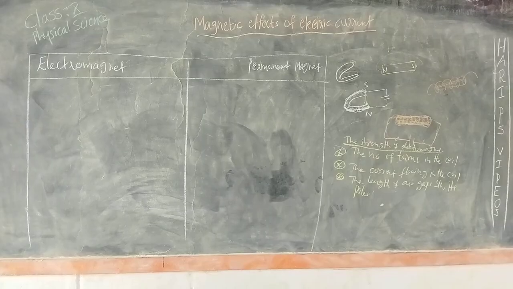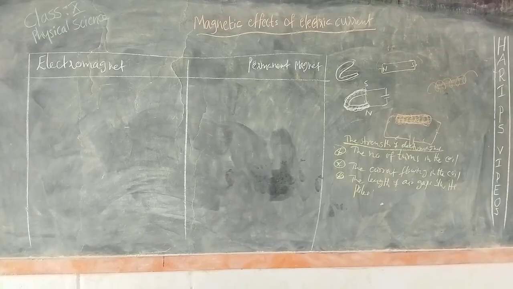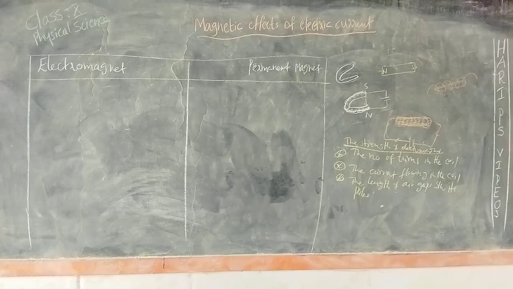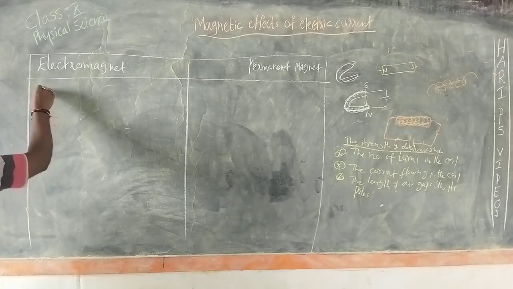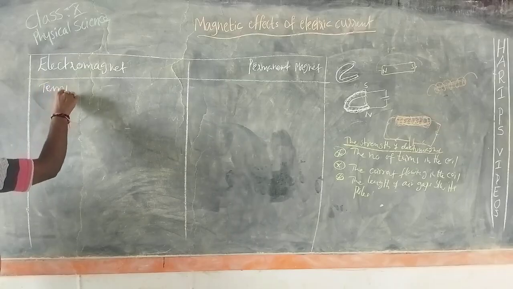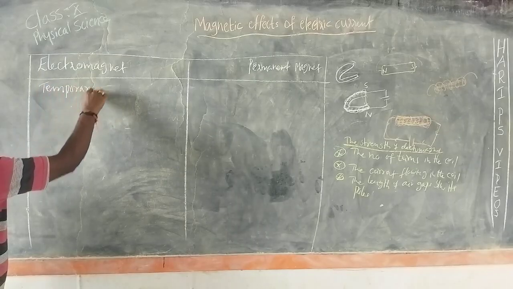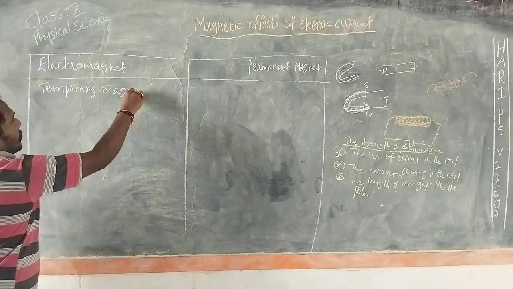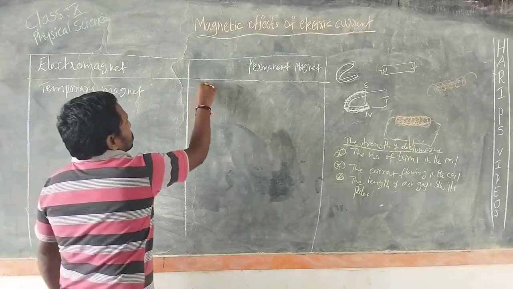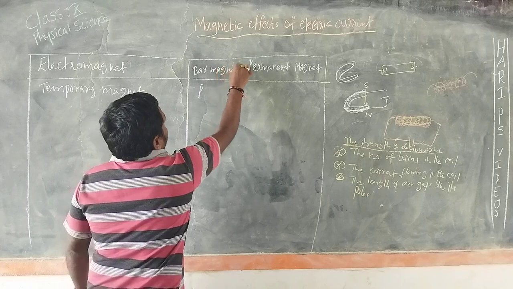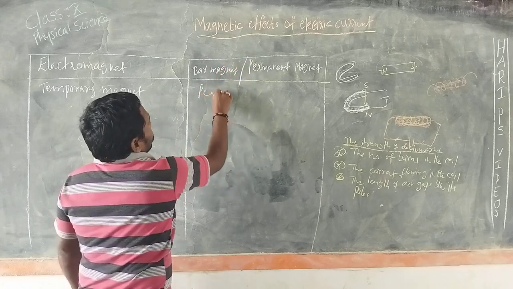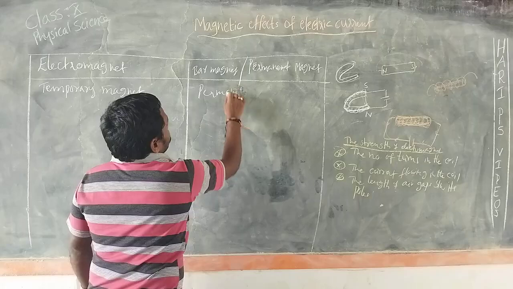electromagnets. But let us know the differences between a bar magnet or permanent magnet, and an electromagnet. An electromagnet is a temporary magnet. Here we have the bar magnet, which is a permanent magnet.